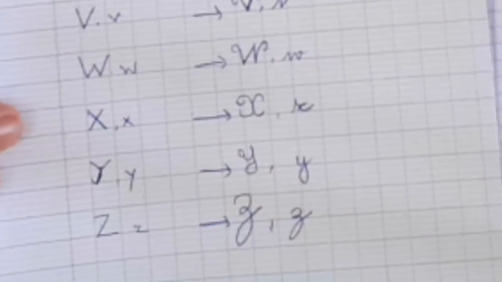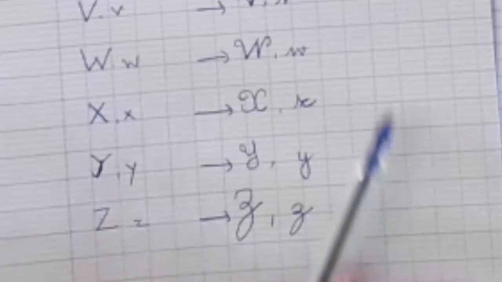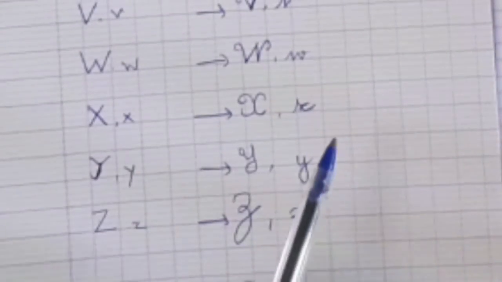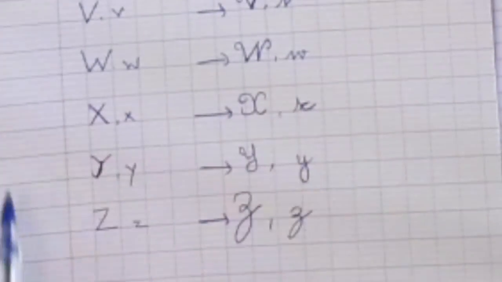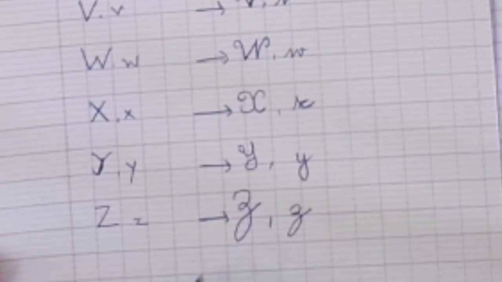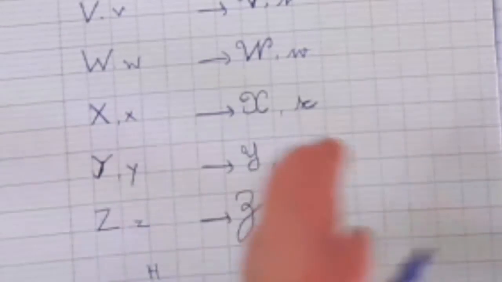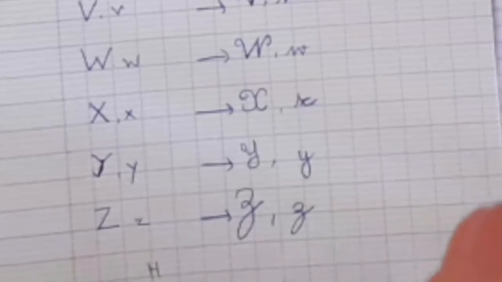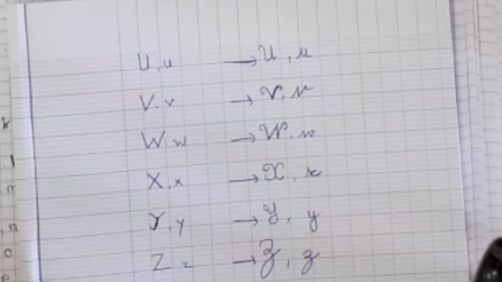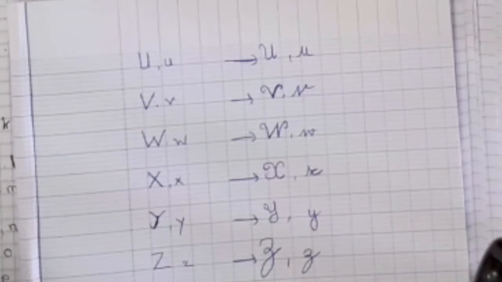So, now we learned how to write in cursive form all the letters. We learned how to distinguish between cursive and non-cursive writing of each letter in the English alphabet.